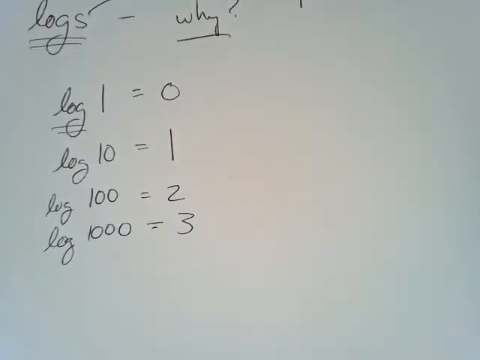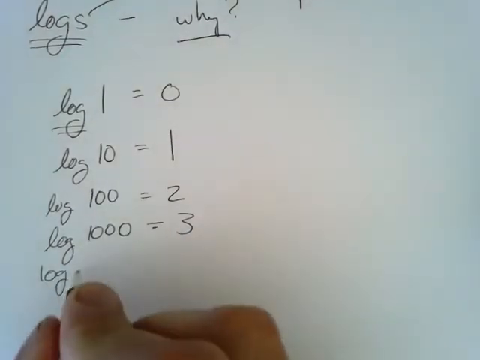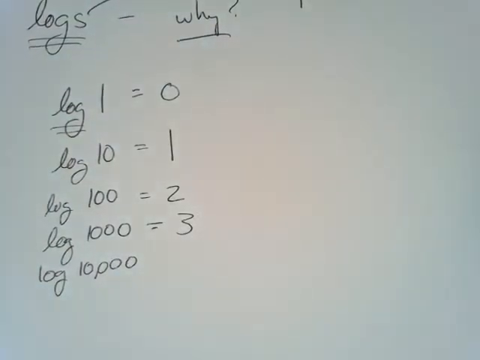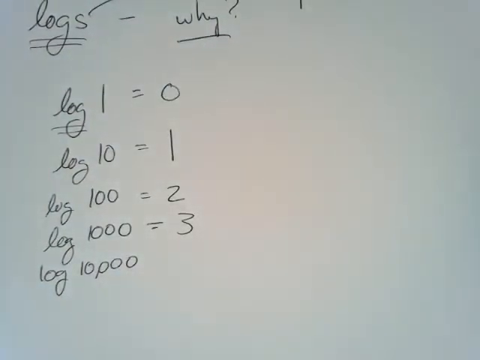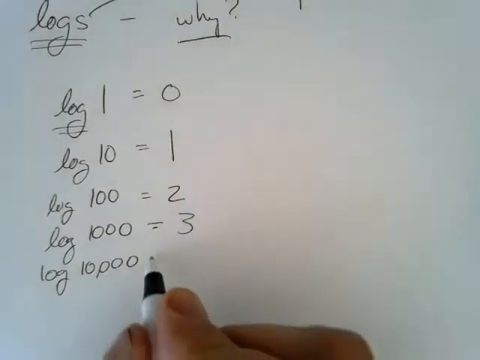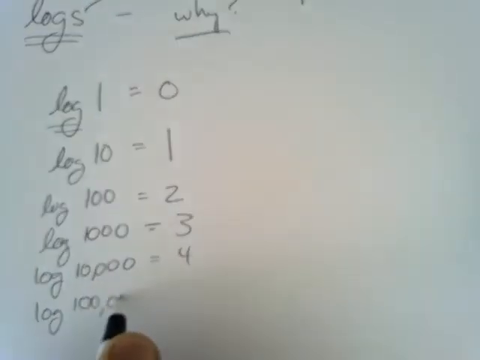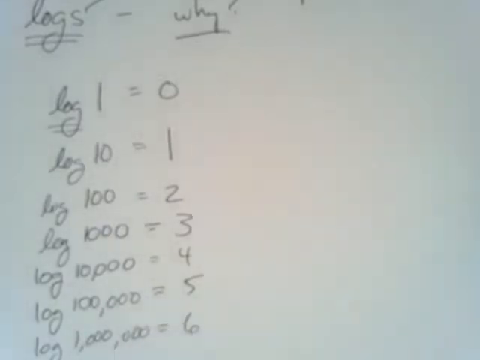Now, I talked earlier in a video about pattern recognition. You should see a pattern emerging here so that when I write the log of 10,000, you probably don't even need to put this into your calculator if you've been paying attention to what's happening. This is going to equal 4, and you guessed it, the log of 100,000 is 5, and the log of 1 million is 6.